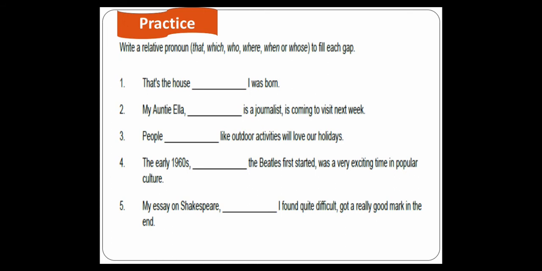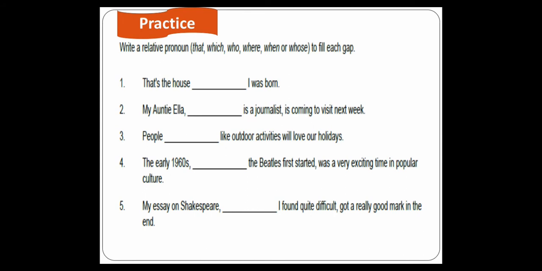Now in order to be able to use the right relative pronoun, we have to look carefully at the noun, and we have to decide whether the noun is a place, a person, time, something, or an animal. Because if we can decide on the noun, the task or the exercise becomes easy.